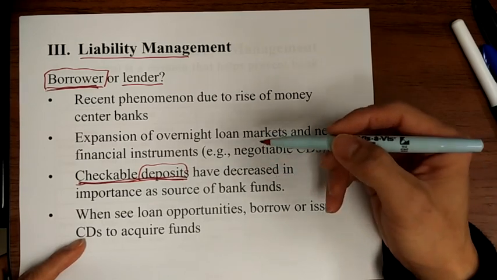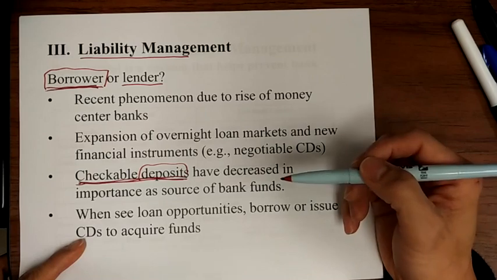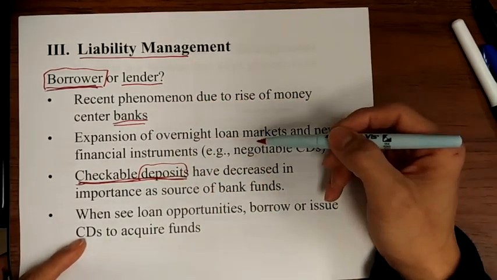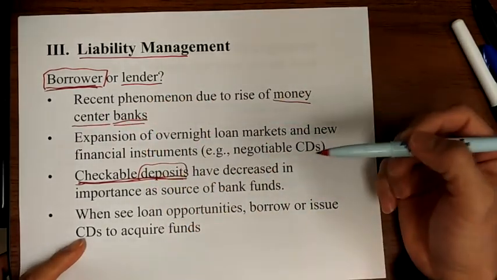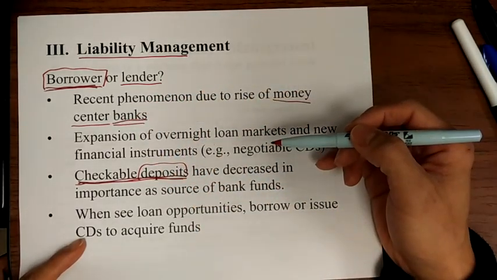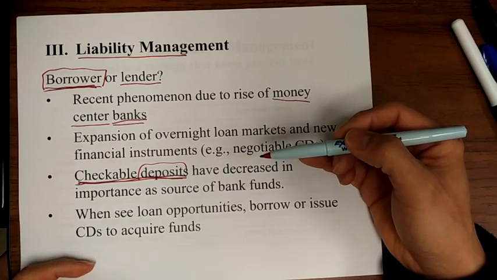However, after all those financial innovations after the 1960s, banks became very aggressive in earning money. That is called money-centered banks. They figured out that they have a lot of investment opportunities.